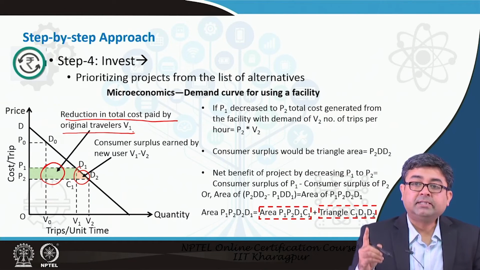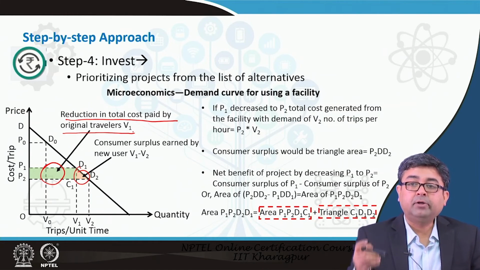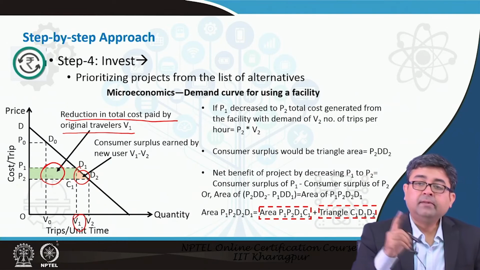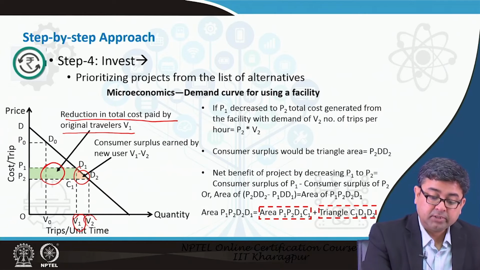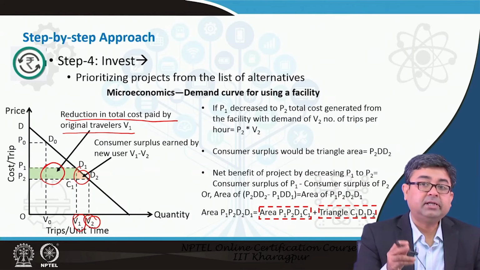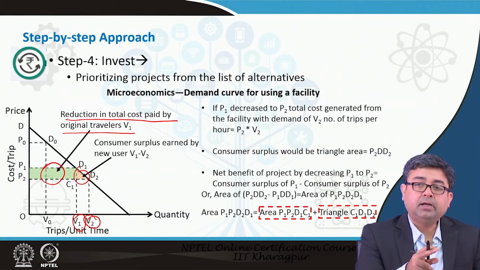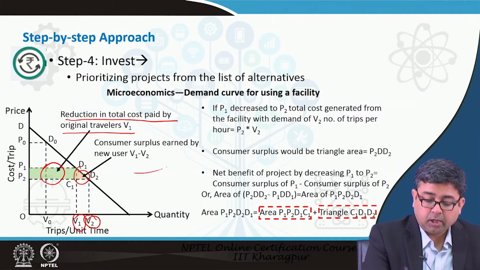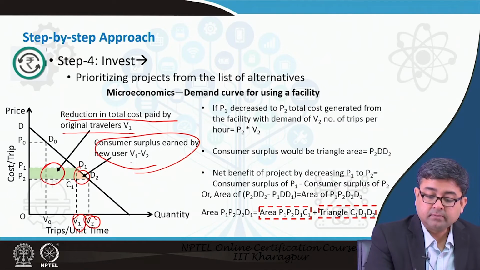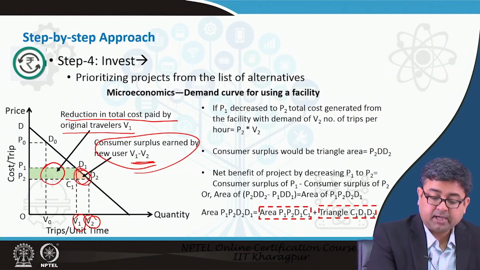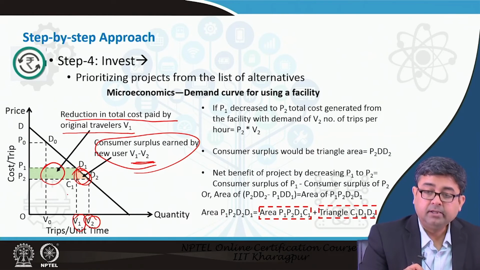Since the price is being reduced from P1 to P2, the original users, V1, are going to pay less, whereas the new users, V2, who did not use the facility when the price was P1, are now going to earn some consumer surplus, which is given by this triangle D1 C1 D2.